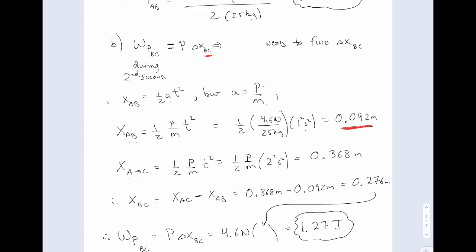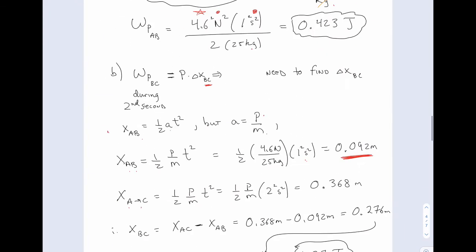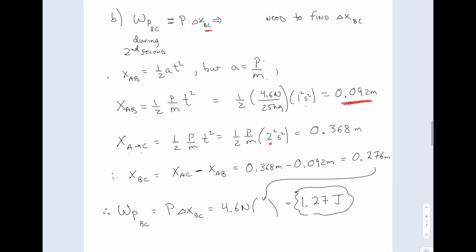And then from A to C, the time it took to go from A to C, that's 2 seconds. Okay, so right here I put in 2 seconds. So that's the distance to go from A to C. So I took the whole distance from A to C, subtracted the distance from A to B, and that's the distance I want.